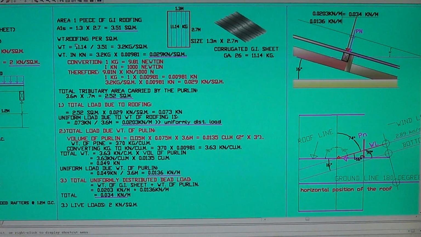Now the weight of roofing per square meter: it's 11.14 divided by the total area, so we get the per square meter. It's 3.2 kilograms per square meter.